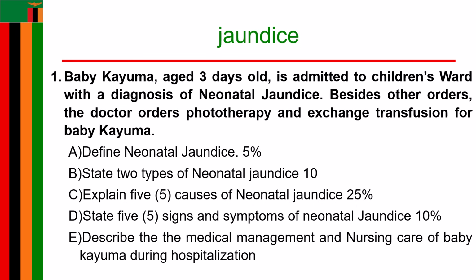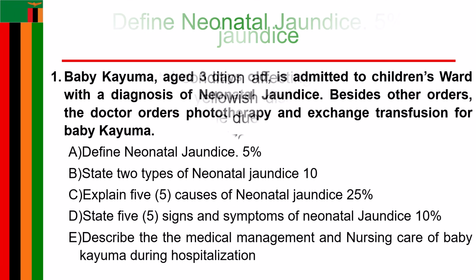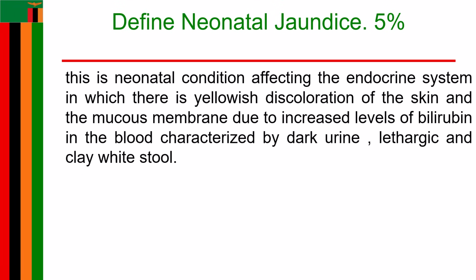So we'll go straight to look at the definition. When defining neonatal jaundice, we can define it as a neonatal condition affecting the endocrine system in which there is yellowish discoloration of the skin and mucous membranes due to increased levels of bilirubin in the blood, characterized by dark urine, lethargy, and of course clear white stool.